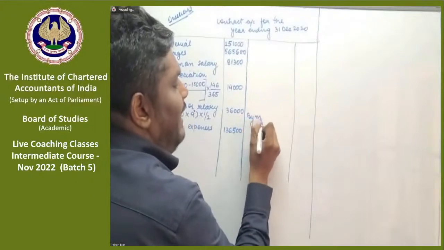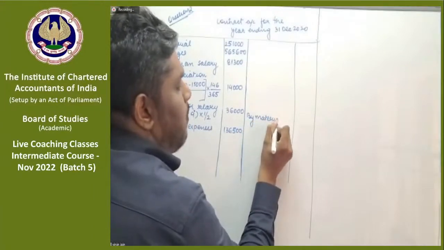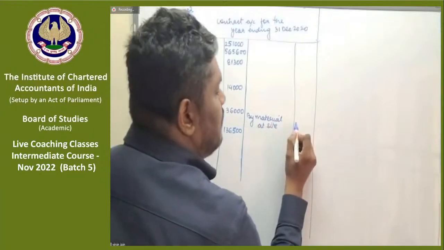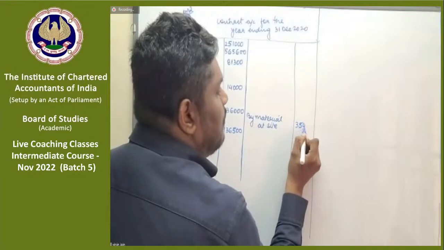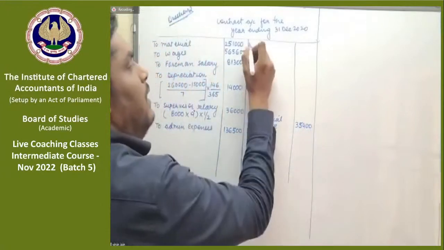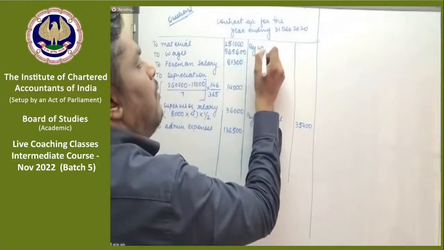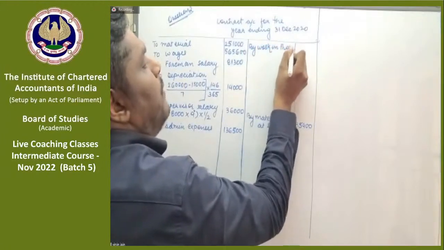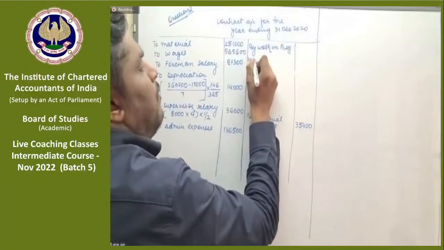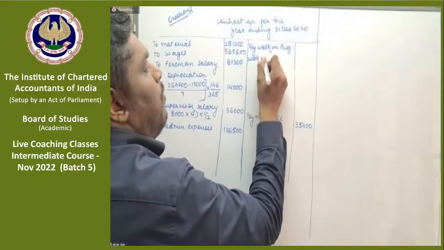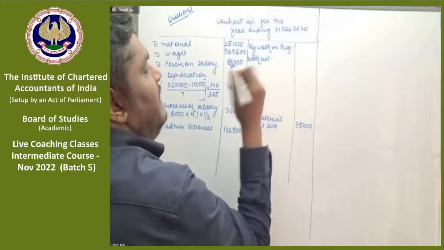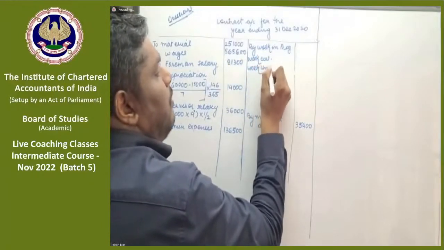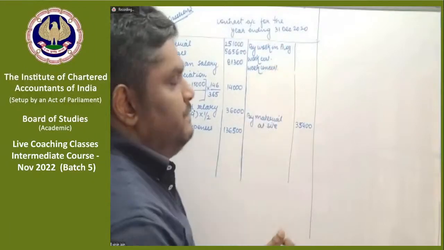By material at site, now by work in progress, work certified, and work uncertified.